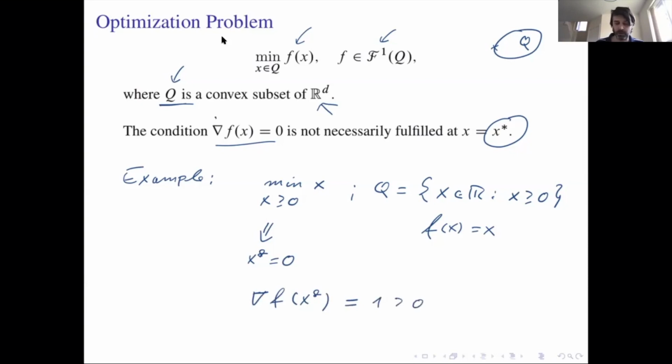So this condition here does not hold at x star. And the reason for this is the constraint set Q. The solution lies in the boundary. I guess you have possibly read in the book already about Lagrange multipliers, where you also have your side conditions. So this is in a certain way related.